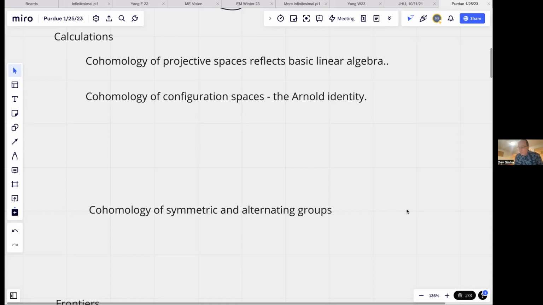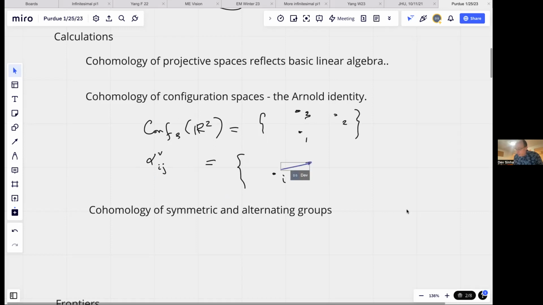If I take configurations of 3 points in R2, I'm going to define a class alpha ij v as a cochain. This is the space of just collections of points 1, 2, 3. These are ordered, labeled. So alpha ij is going to be the submanifold where point i is, say, thinking about my picture to the left, in direction v from point j.